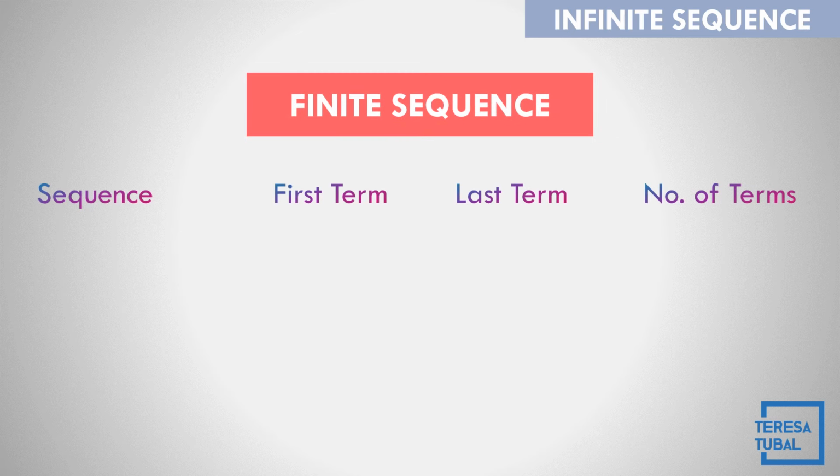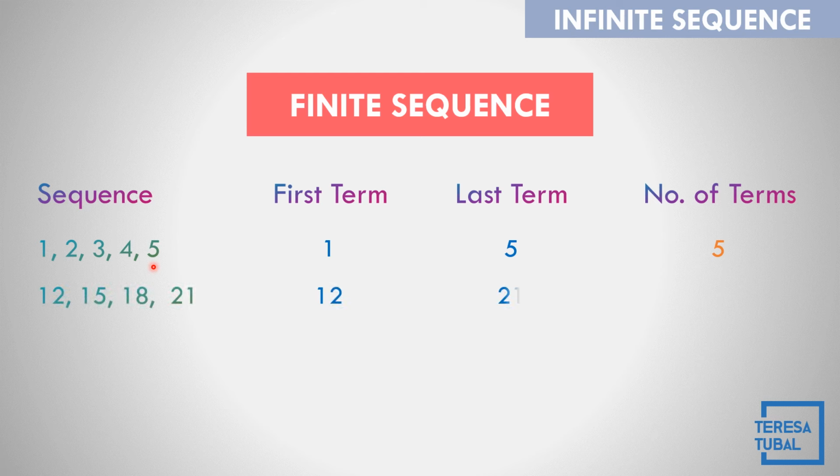These are the examples of finite sequence. 1, 2, 3, 4, and 5. As you can see, we have the first term that is equal to 1, and the last term that is equal to 5, and the number of terms is 1, 2, 3, 4, and 5. So the number of terms is equal to 5.